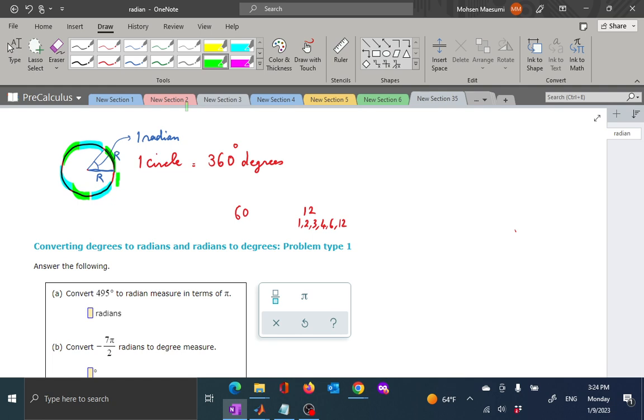So when you put that string on the circle and you turn around, how many pieces of that string do you need to come back? Well, what you need is exactly 2 pi, that is about 6 of those strings.